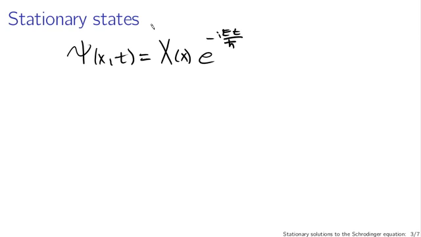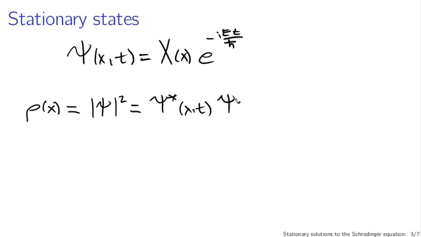What does it mean for these states to be stationary? Well, consider, for instance, the probability density for the outcome of position measurements. Hopefully you remember this is equal to the squared absolute magnitude of psi, which is equal to the complex conjugate of psi times psi.